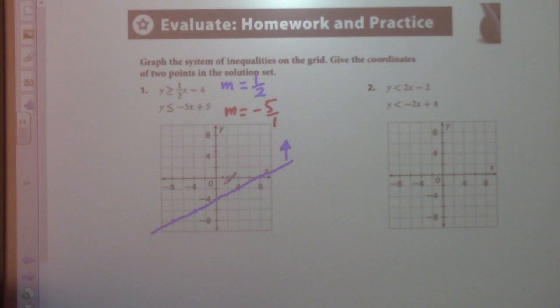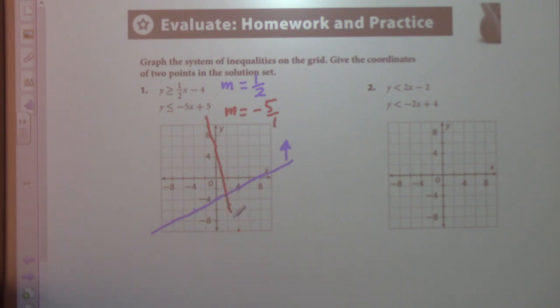Down 5 over 1 looks like this. So kind of a steep line, isn't it? So it's going to look like this, solid line or dashed? Solid, so it'll be something like this.